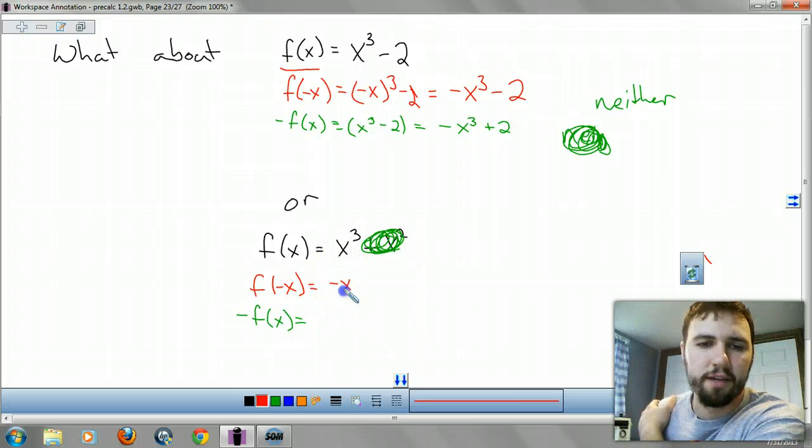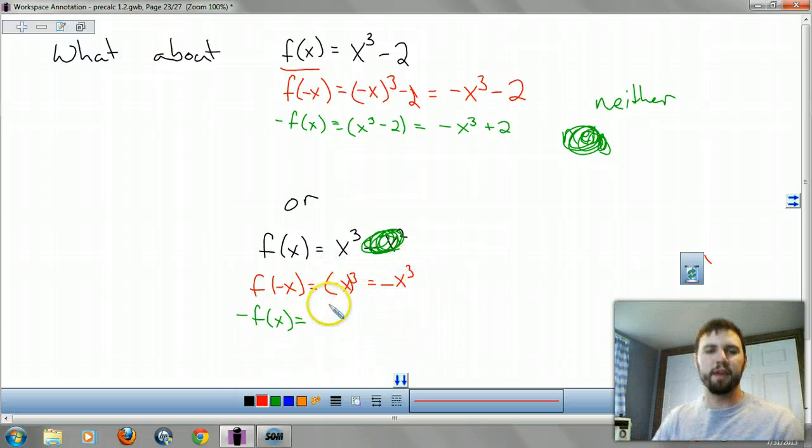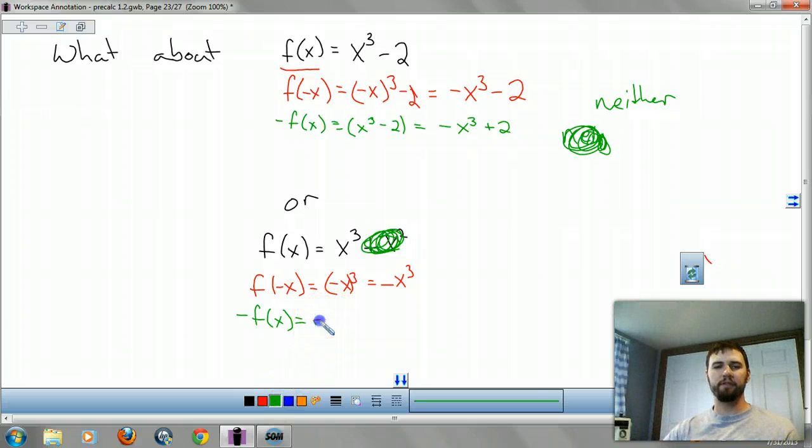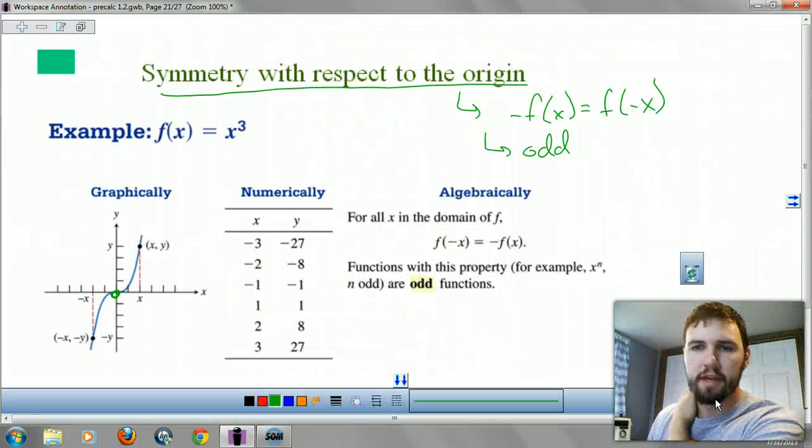Okay, so I plug in negative x to a third. And that just equals negative x to a third. Okay, now this one I put the negative out in front. And I get negative x to the third. So these two are equal, right? So that tells me I'm odd.